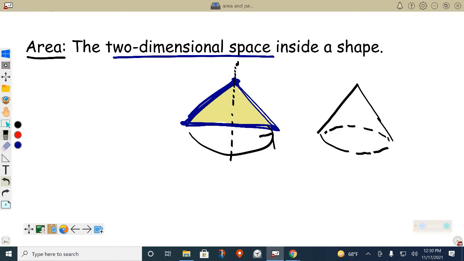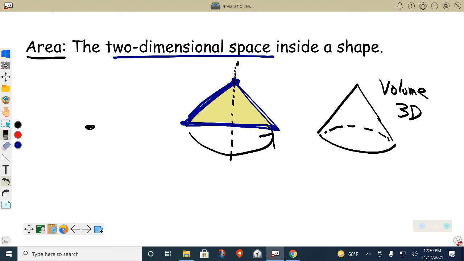What shape is this? It's like a cone. That's a cone. A cone is created by taking a two-dimensional triangle, spinning it around an axis, and you get a three-dimensional shape. And I can ask you, how much three-dimensional space does that make up? That's a volume question, and that's where we're headed next week. That's 3D.